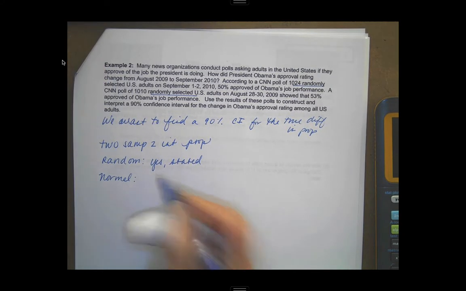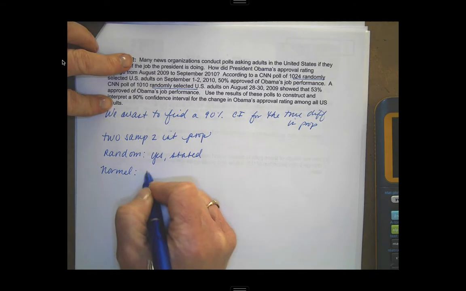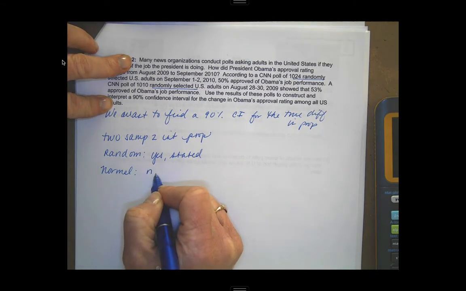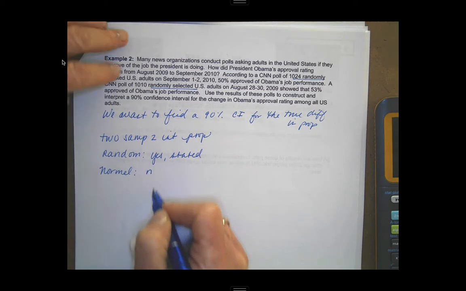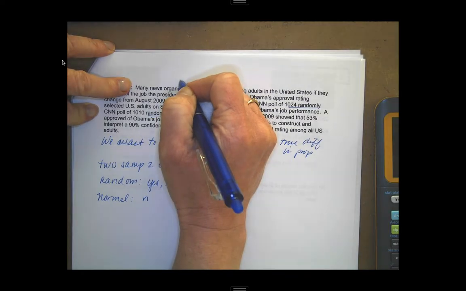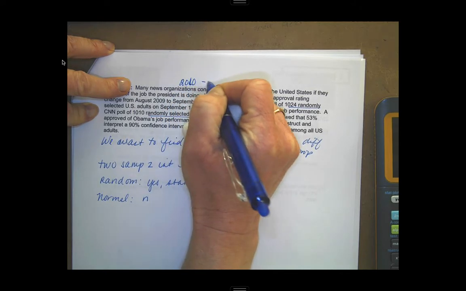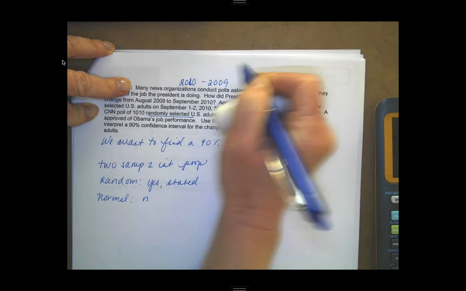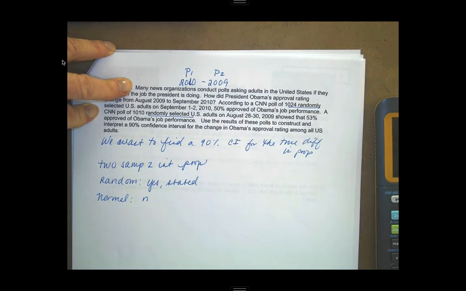When I do that normal check, I have to check it for both samples. This one right here, so I think what I want to do here is 2010 minus 2009. So the calculator would put this one as P1 and this one as P2.